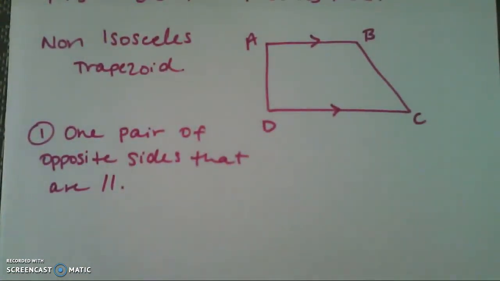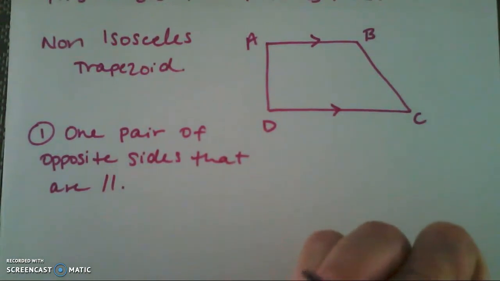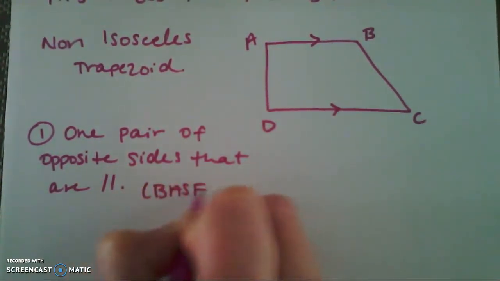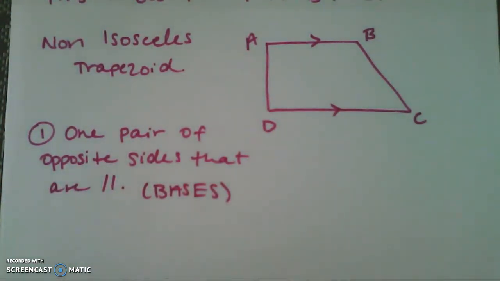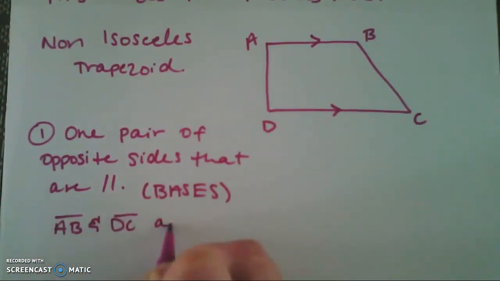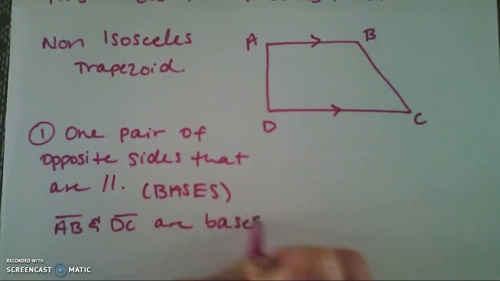We call those parallel sides the bases of the trapezoid. So I guess we could get a little bit more specific and just say that AB and DC are bases.